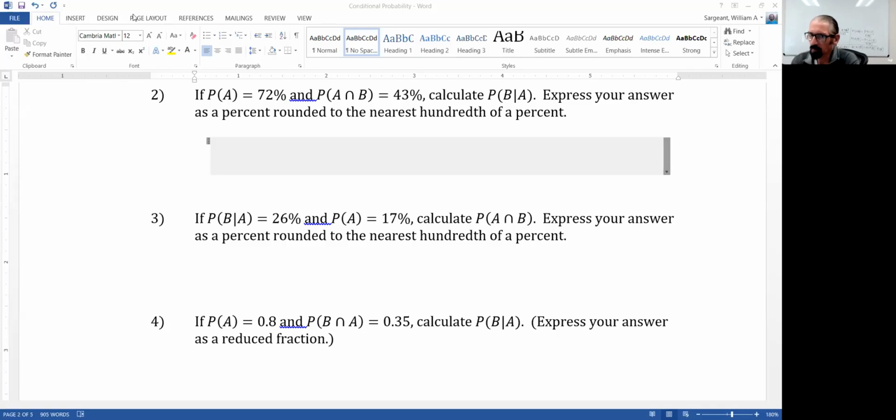So first off, we've got the probability of A is 72%, and the probability of A intersect B is 43%. That would allow us, because we've got the intersection and the probability of A, to get the probability of B given A. Since we started with percents, we're going to end our answer in percents, but we're going to round to the nearest hundredth of a percent.